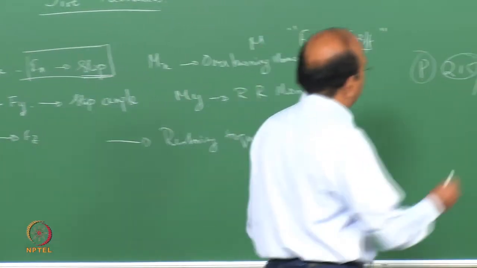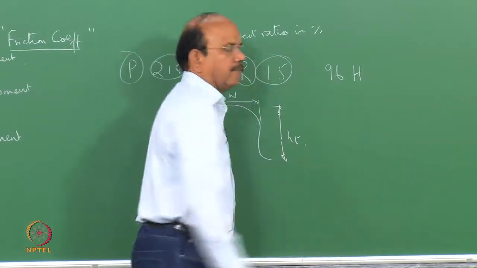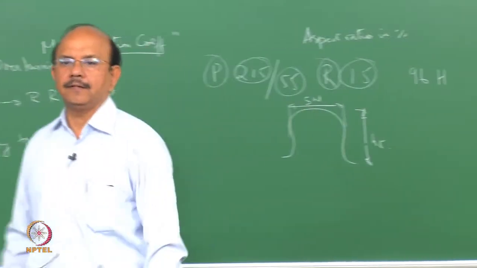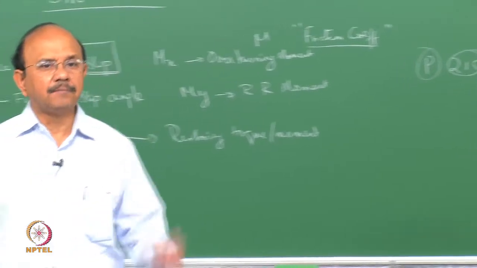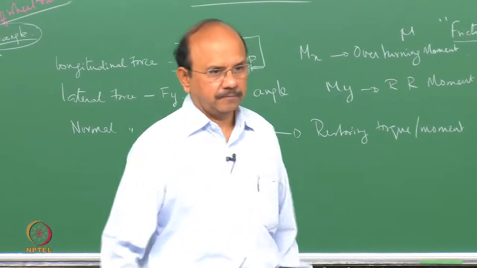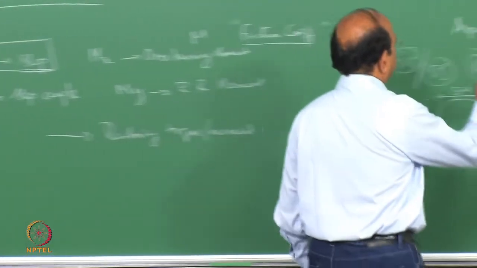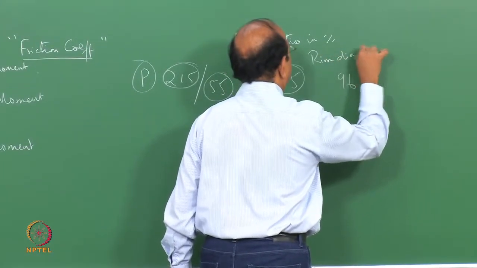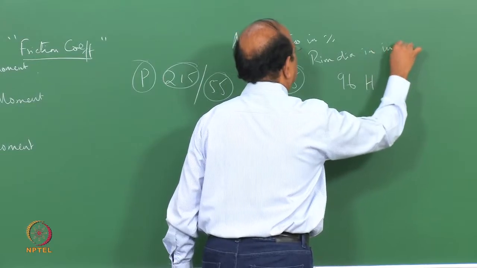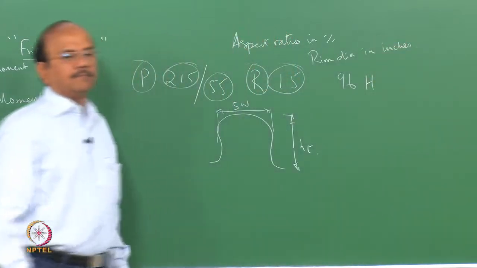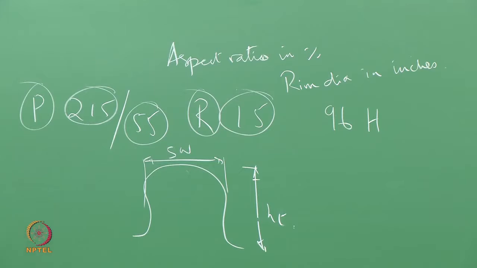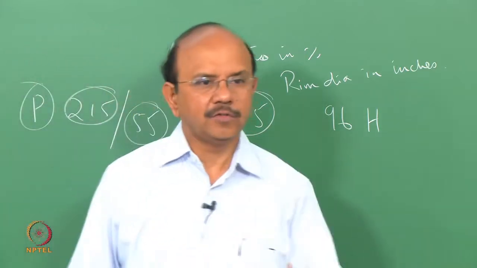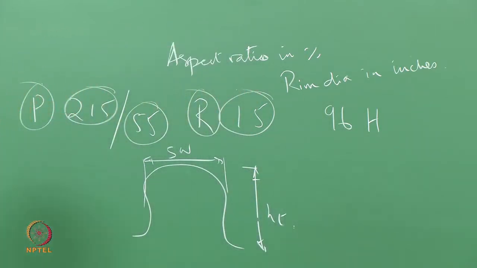Now, 15 is the rim diameter in inches. Due to some peculiar history or legacy, you have mm combined with inches when you specify a tire.